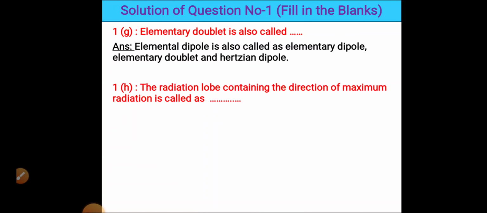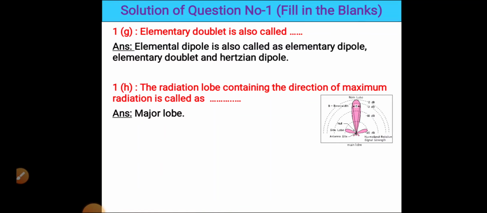The radiation lobe which contains the direction of maximum radiation is called the major lobe. That means the lobe which contains the maximum radiation we call the major lobe, and those with less radiation are called minor lobes.